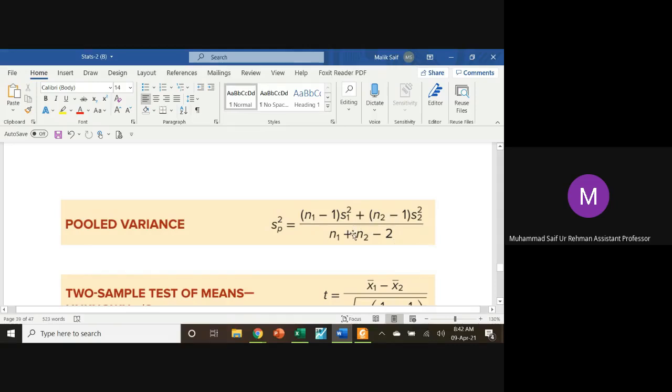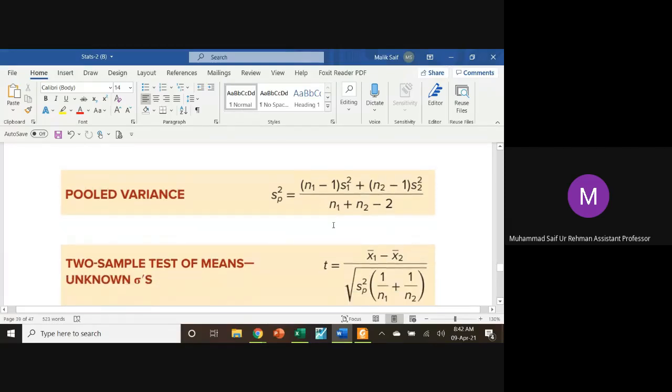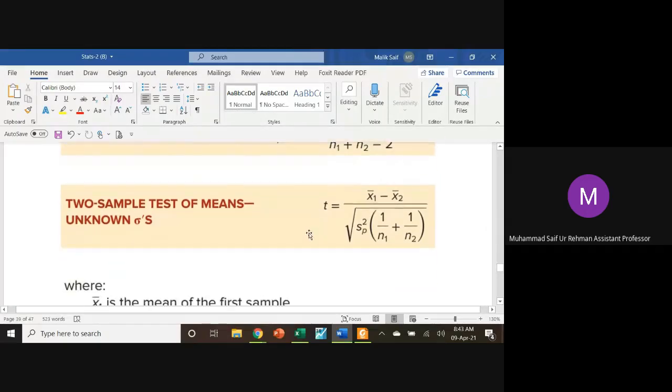So you have the average variance, which is named the pooled variance. When you take the square root of this, it becomes the pooled sample standard deviation. You use this value sp square in this formula, and the remaining values are the same. You are familiar with all these values.